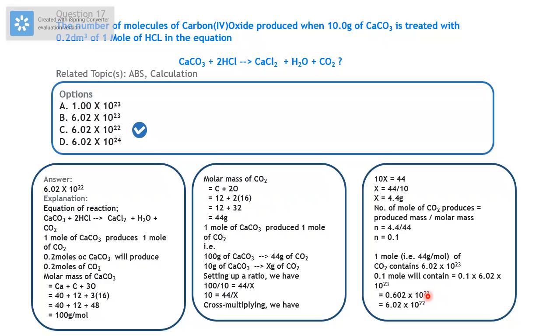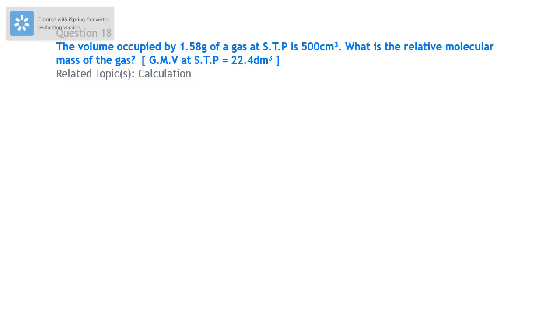Now what I'm going to do is borrow a 10 from here. This is 10 raised to the power 23. If I borrow a 10 from here, this becomes 10 raised to the power 22. I'll use the 10 that I borrowed to multiply this thing here. So I'm going to have 0.602 multiplied by the 10 that I borrowed. So this will be 6.02 times 10 raised to the power 22.